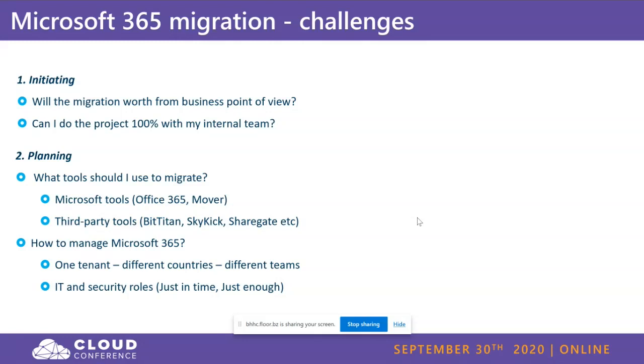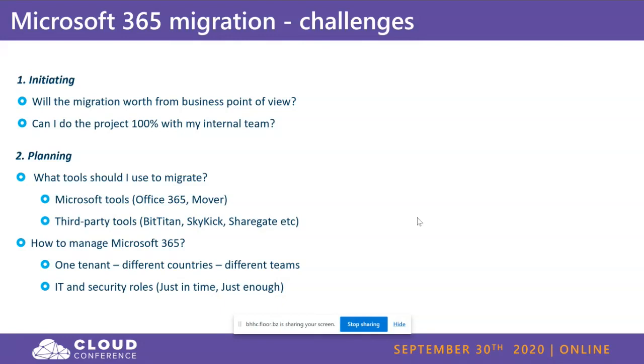When choosing the Microsoft tools, you have to look at the speed, how fast each tool is migrating the data. We've noticed, for instance, that BitTitan is migrating at 900 megabytes per hour per user, and you have to understand how fast this can be.